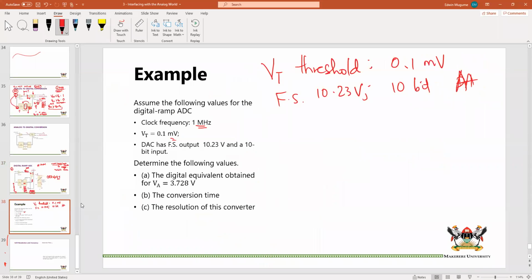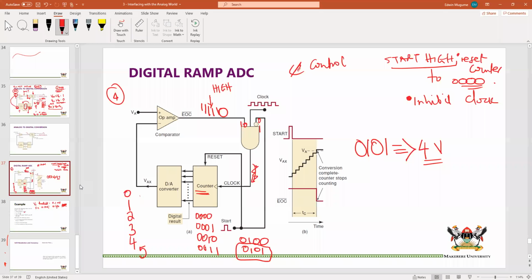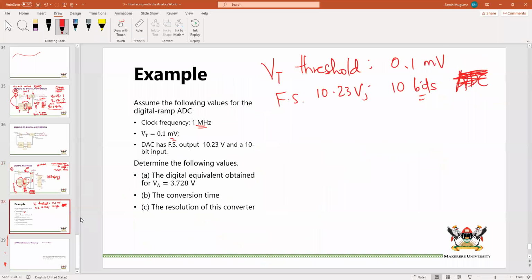The analog to digital converter is the size of the DAC, so we can say 10 bits, because you can see the only digital bit here is that and that. And so the question is, what is the digital equivalent obtained for VA equal to 3.728?